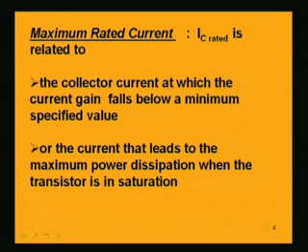That is, beyond that minimum specified value the current gain should not fall, because the beta value is typically low in power transistors.